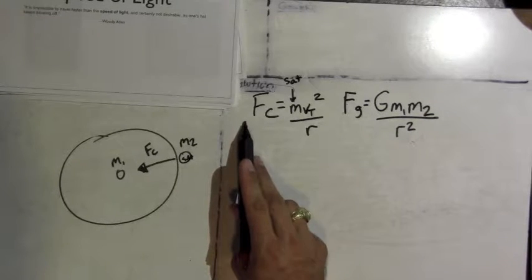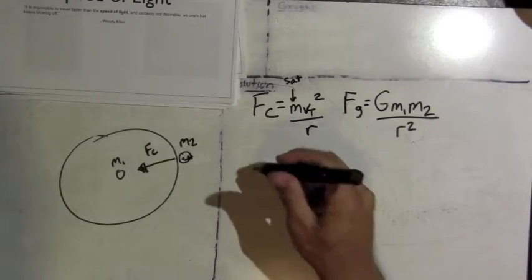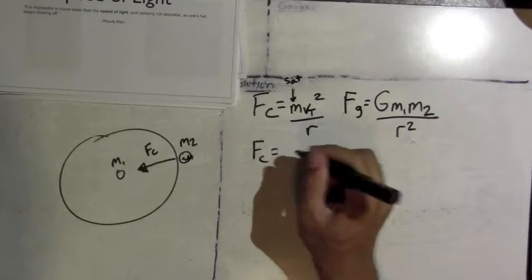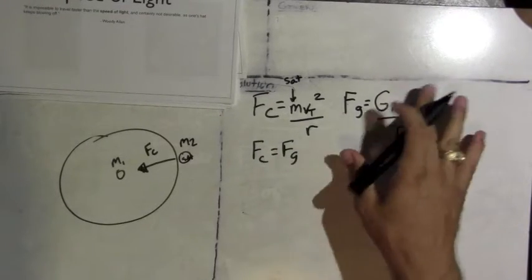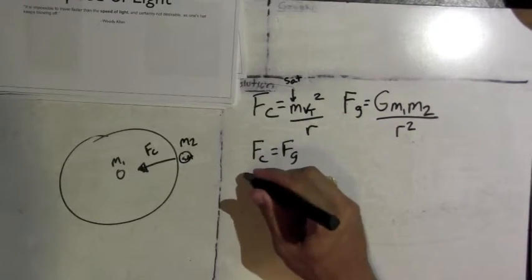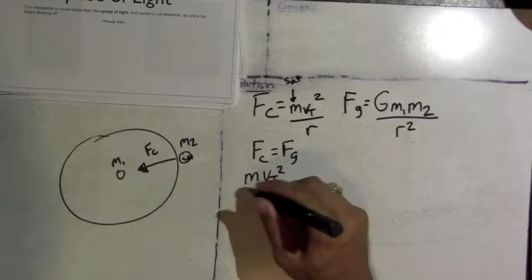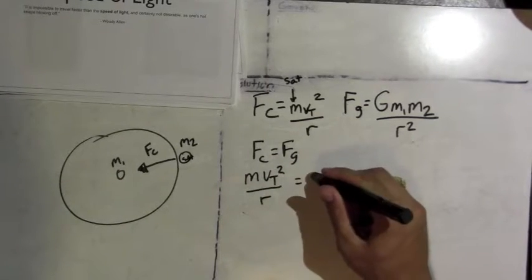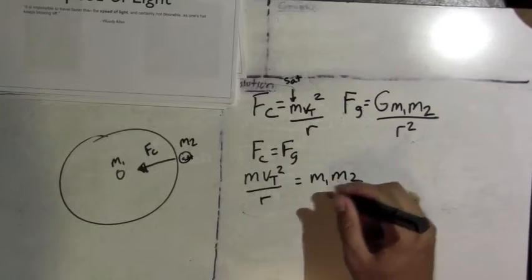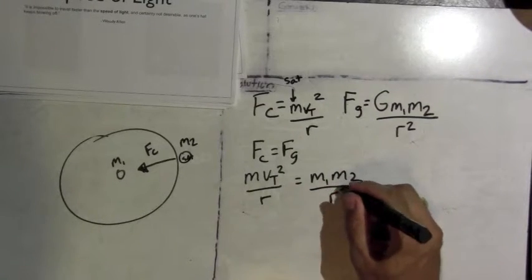Since the centripetal force is the gravitational force, you can say Fc equals Fg, or plugging in, m Vt squared over r equals G m1 m2 over r squared.